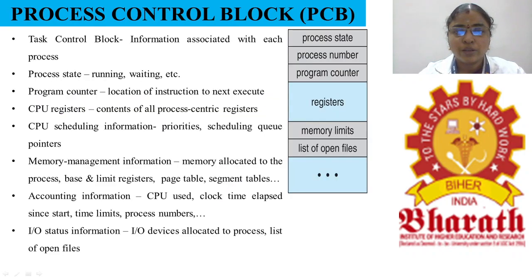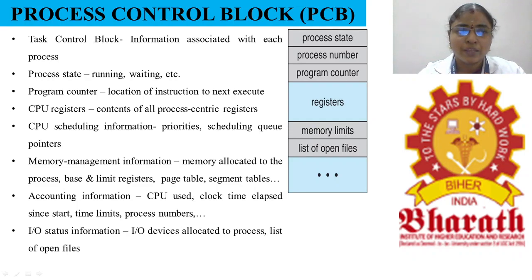Then this is the overall diagram of your process control block. The alternative name is task control block. The information associated with each and every process is stored in a process control block or task control block. First one is process state. Process state means what are the 5 process states available; our current state will be stored as the process state here. The next one, process number, which provides the unique identifier of the process.